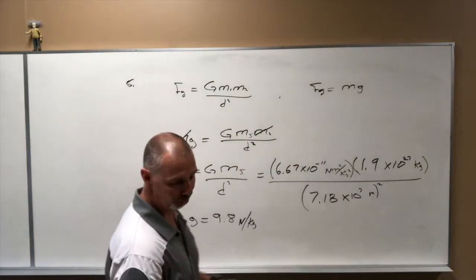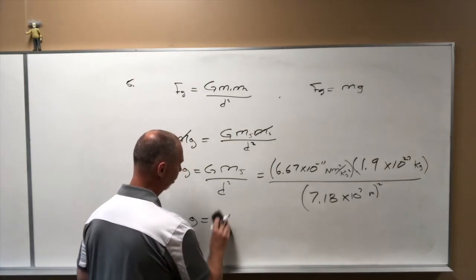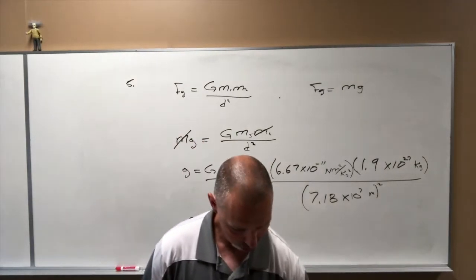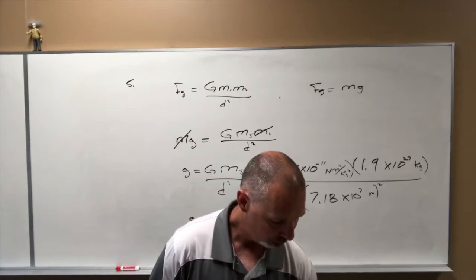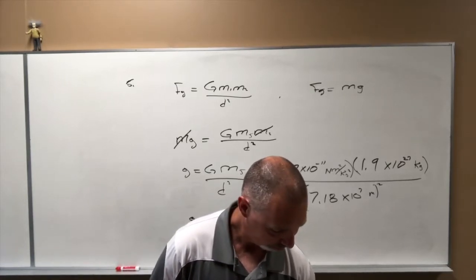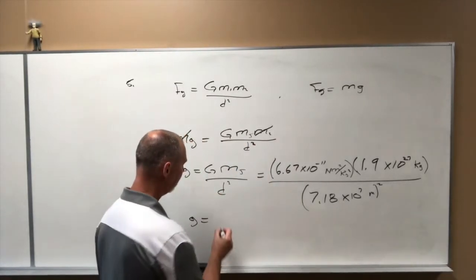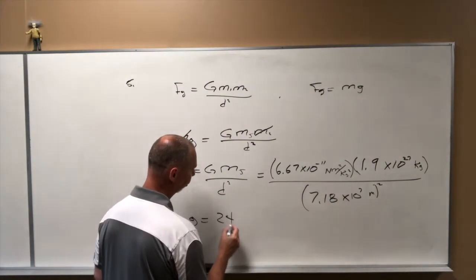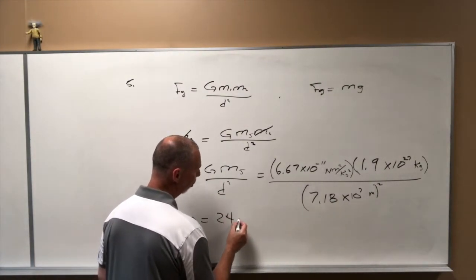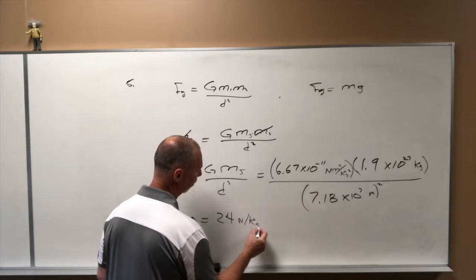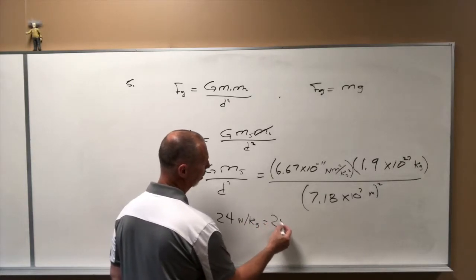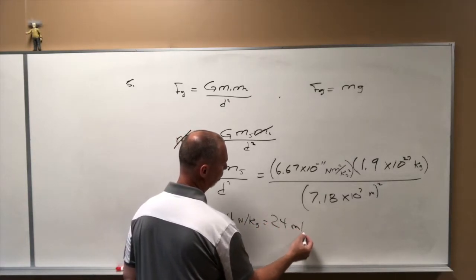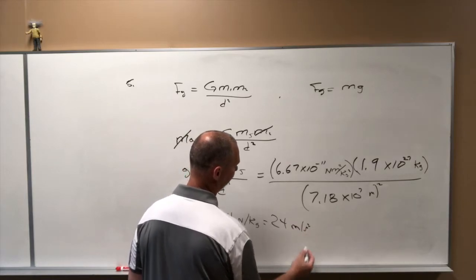And if we plug that into our calculators, we will get the correct answer, which I believe was 24 point something. 24 meters per second. So this would be 24 newtons per kilogram, but a newton per kilogram equals a meter per second squared.